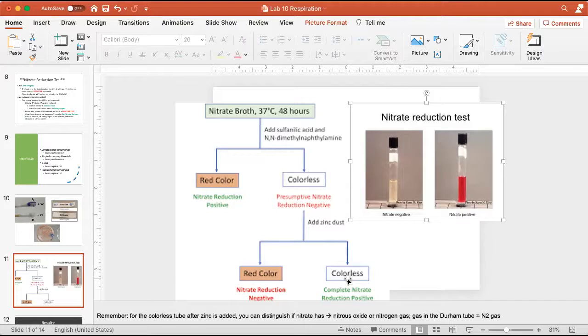It's just that the nitrate got reduced to either nitrous oxide or nitrogen gas. And the way I know which one happened is by looking in the Durham tube. If there's gas in the Durham tube, I know that the microbe reduced the nitrate to nitrogen gas. If I see no gas in the Durham tube, then I know that the microbe reduced the nitrate to nitrous oxide, and the nitrous oxide dissolved into the medium.